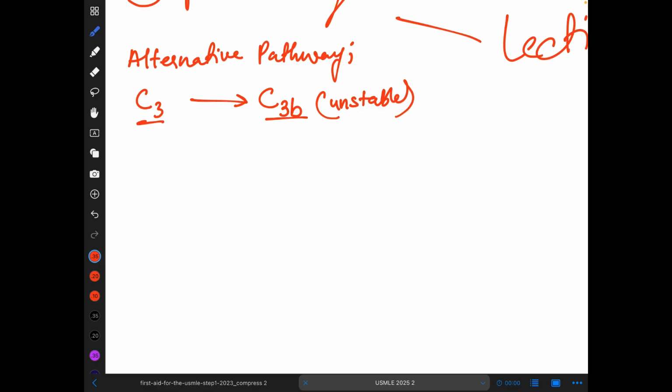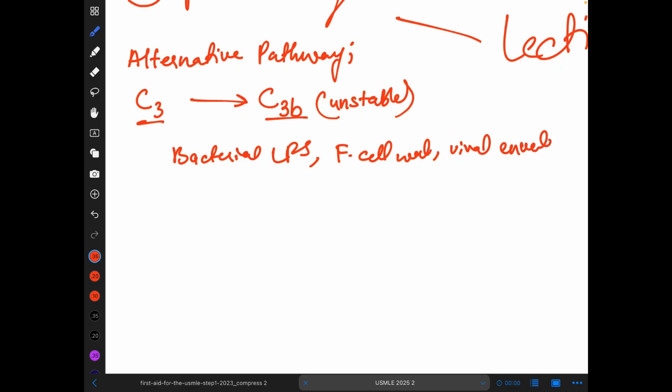And how will it become stable? It can be stabilized by bacterial lipopolysaccharides, LPS, by fungal cell walls, and by viral envelopes. There C3b binds amino and hydroxyl groups commonly found on the surface of pathogens.